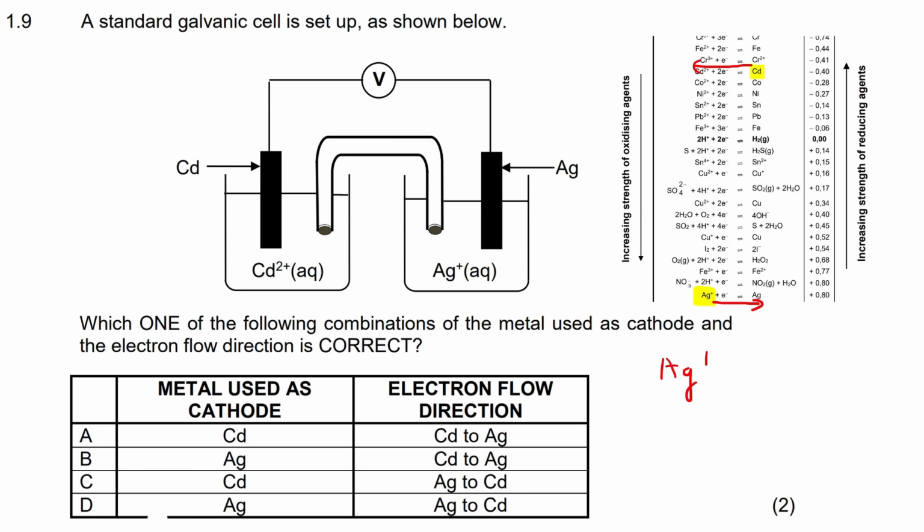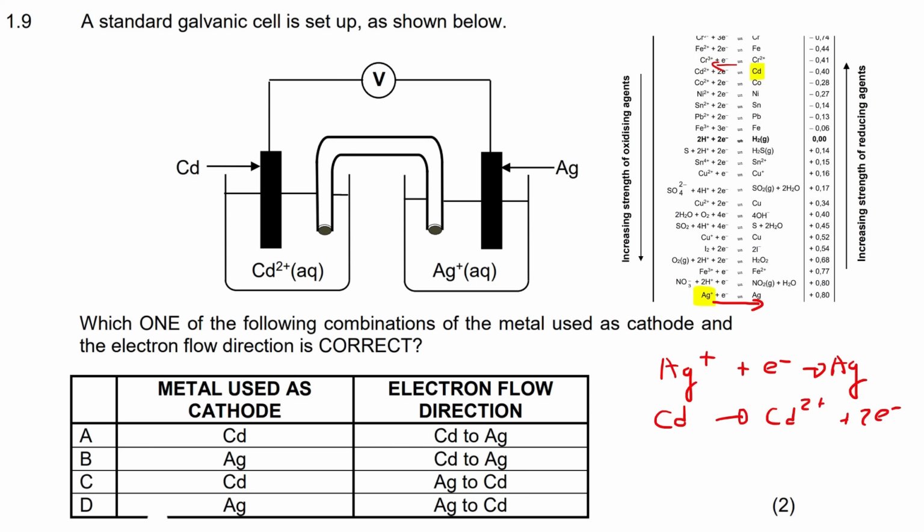So the Ag+ is going to go like that. And then this one is going to start with Cd. See how it starts with Cd? And then it's going to end up going to Cd2+ plus 2 electrons.